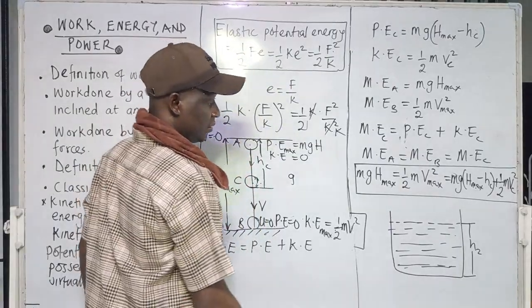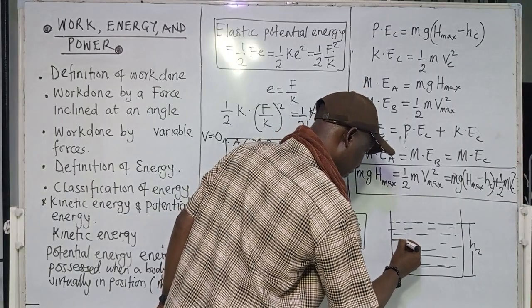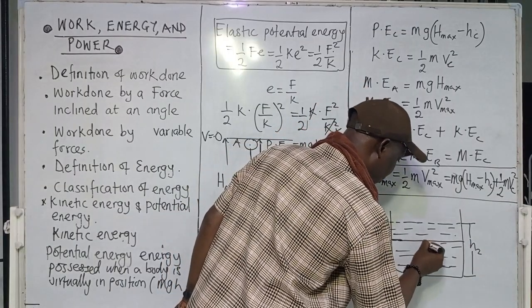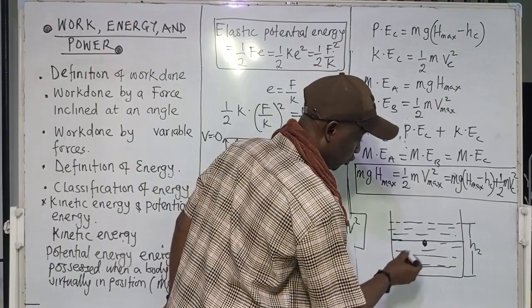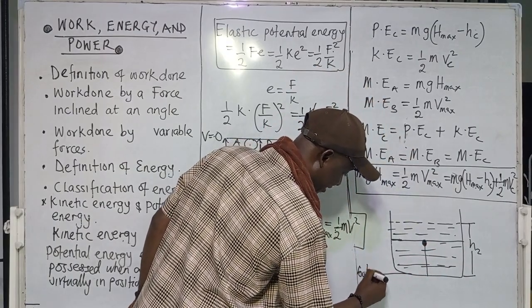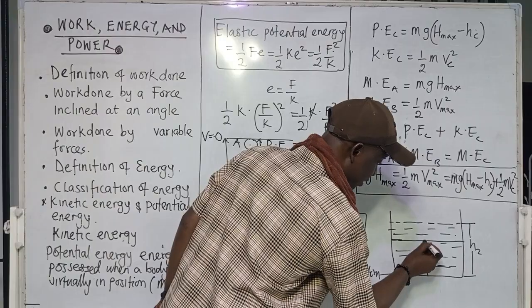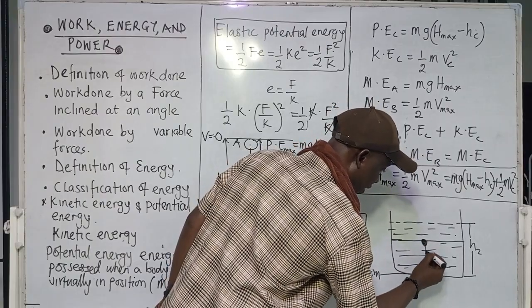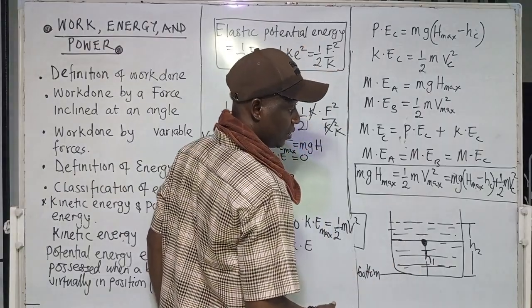Now, if you look at this, let's say the object is here. We want to know the potential energy of this object. We are going to take the bottom of the well as our reference. Let's assume from here to this place is H1. How do we calculate the potential energy of this body at this point?